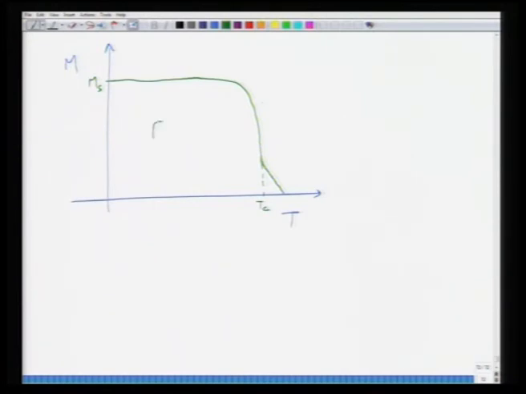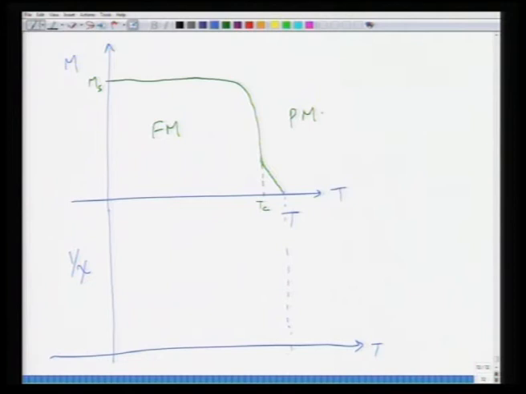So, this is the ferromagnetic state and this is the paramagnetic state, and in contrast, if you plot the susceptibility, so this is temperature, and if you plot 1 over chi, 1 over chi has a behavior which is something like this, and this is called theta.